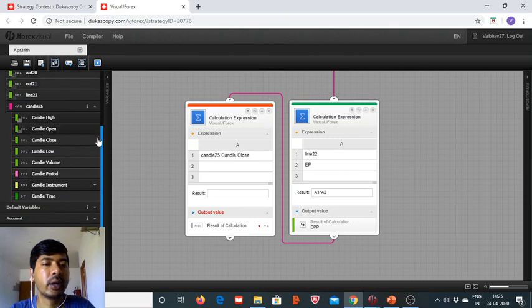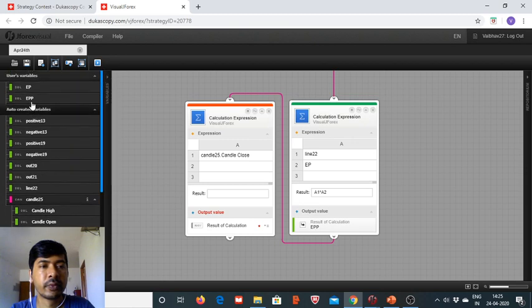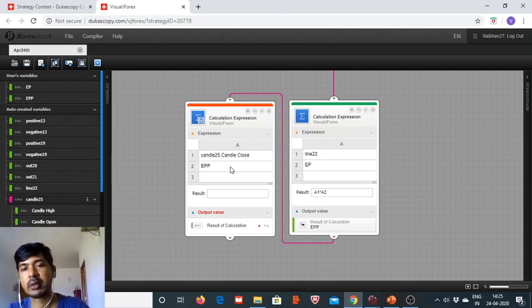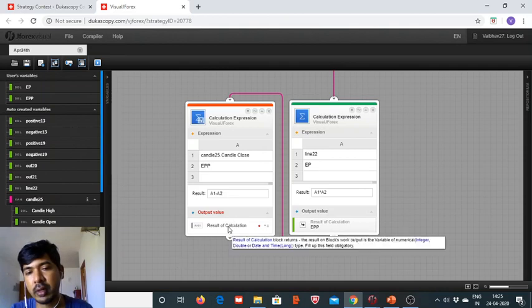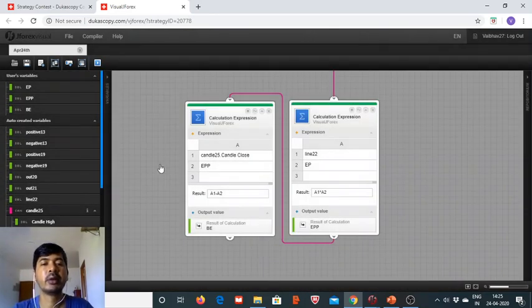So we now cut back. So here we got this, and for buy we will need to do calculation on the minus side, A1 minus A2, and the result of the calculation would be BE, buy entry point.